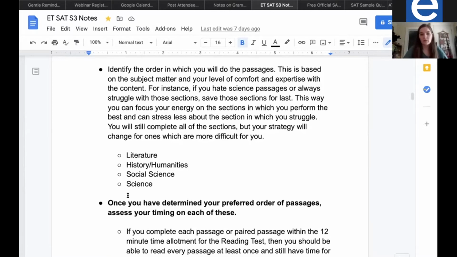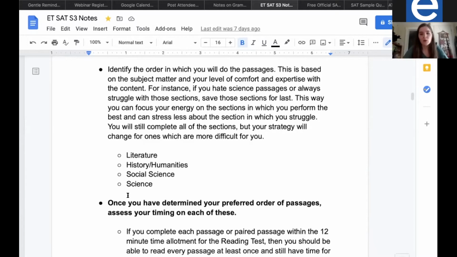Also, you may have found in your own personal analysis of the test, which was part of your homework for this week, to assess your own comfort with the subject material, but also to focus on determining your particular reading strategy.